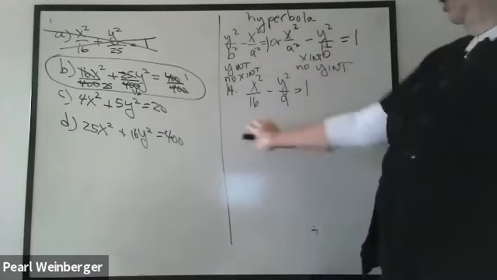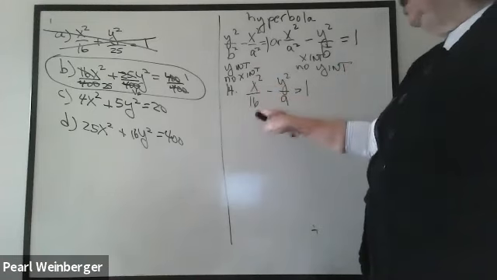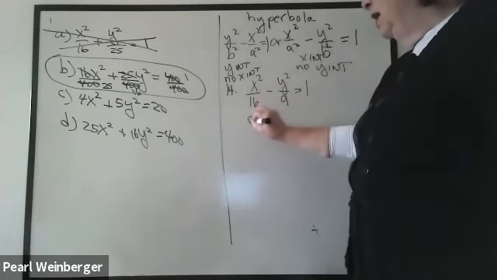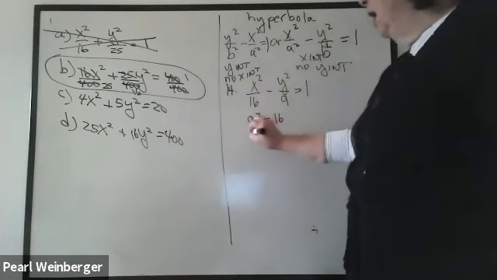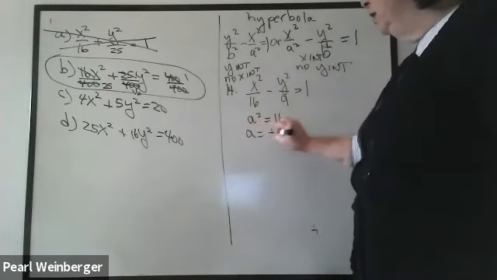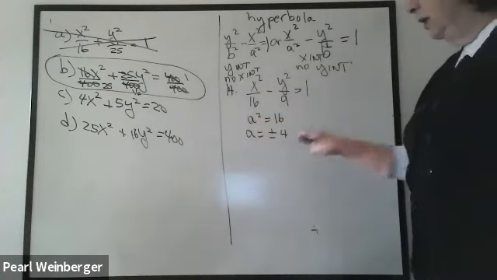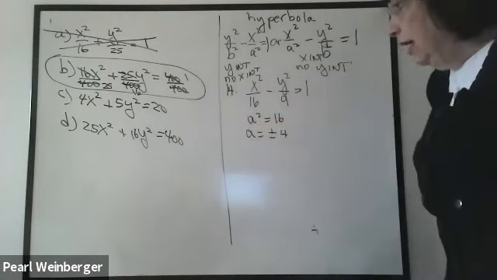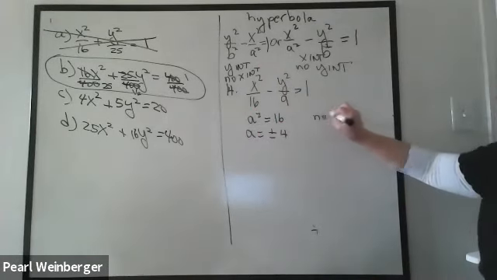So if I look at question number 14, where the x squared is positive but the y squared is negative, I see that I'm going to have x intercepts. My a squared is 16. So my a will be either positive or negative 4. So my x intercepts are 4 and negative 4. There are no y intercepts.